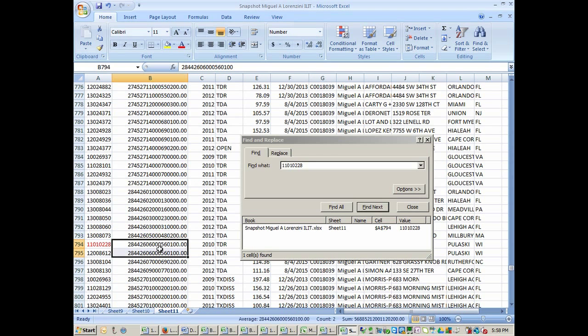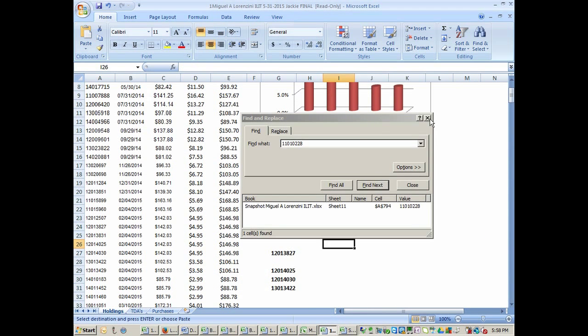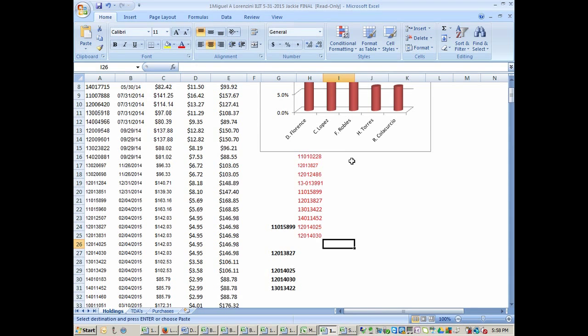Right below it, there's another strap number that's exactly the same. These two strap numbers match up. Therefore, this certificate is also tied to that redemption or that TDA. So we need to copy both of those certificate numbers and go back and deposit them on the holdings page.